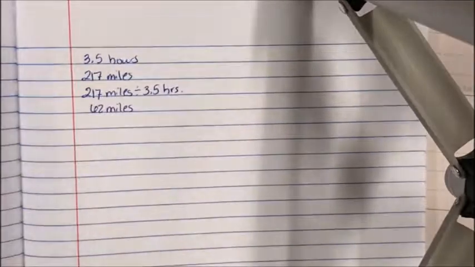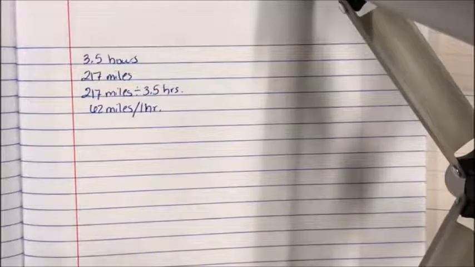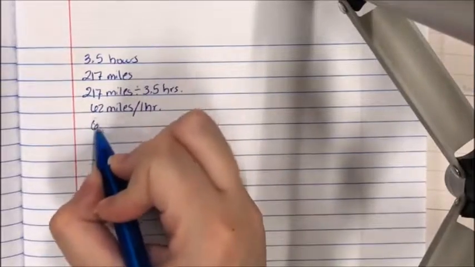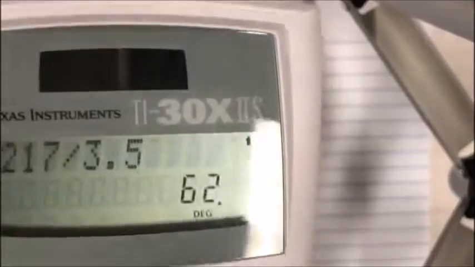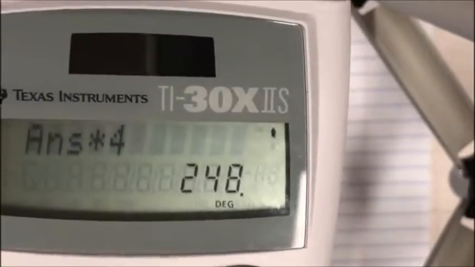So that tells me she traveled 62 miles in 1 hour. But the problem asked me how far she traveled in 4 hours, right? So I have to multiply the 62 times 4. So 62 times 4 gives me 248.